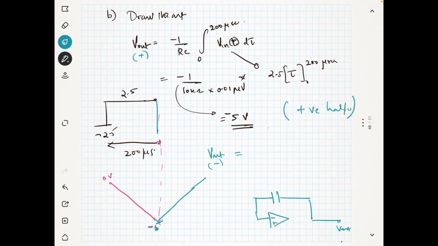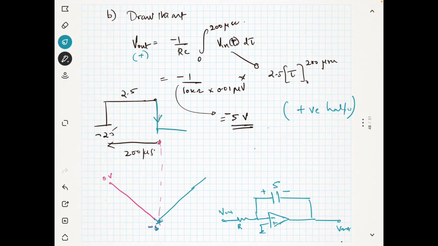So this is your V in. Now the capacitor is charged to minus 5 volt. During the negative half cycle, the maximum charging position of the capacitor is 5 volt. So what will happen when the input goes to negative?